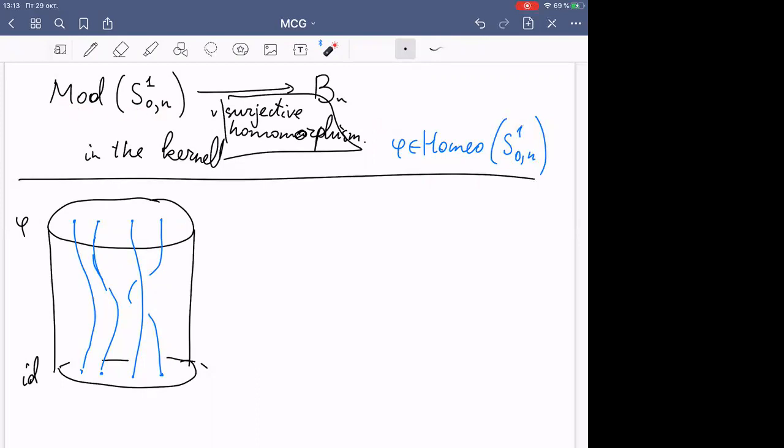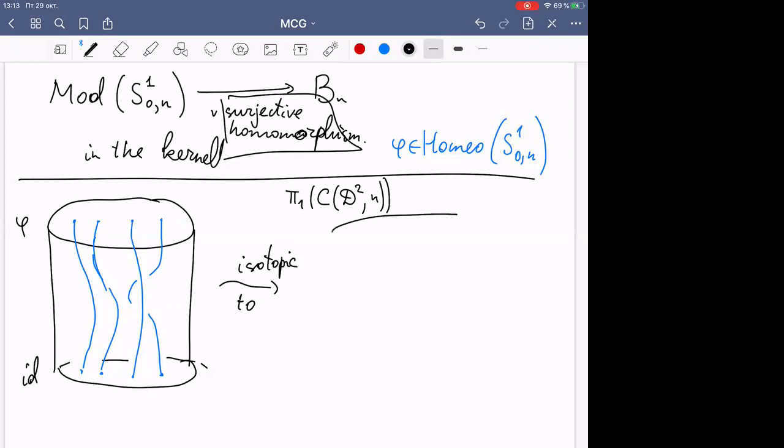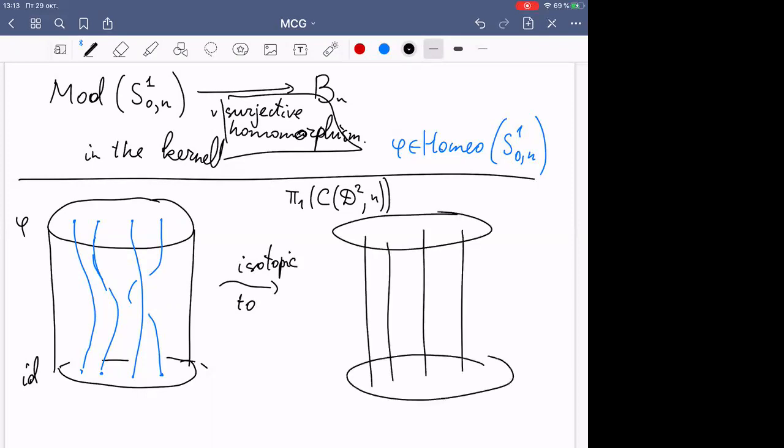But okay, what does it mean that the braid is trivial? The braid is trivial means that it is a trivial loop in configuration space. Equivalently, it means that this braid is isotopic to a straight braid, but it is, I would say, level-wise isotopic.